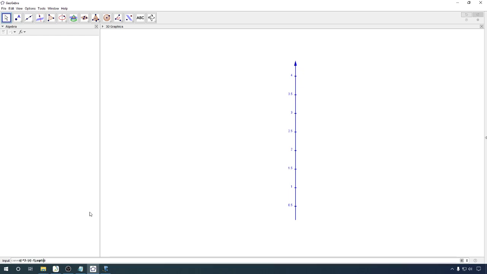Then we have square root of t plus 8. And then we have sine of pi times t over the natural logarithm of t. And, well, I can't put in t's that are less than 0, so we'll just go from 0 to 10, let's say.